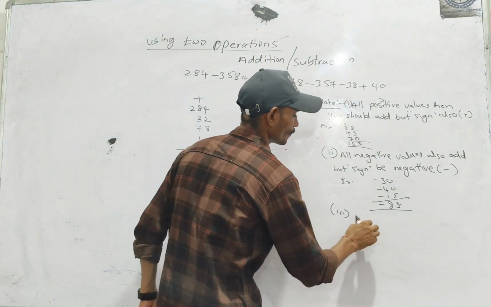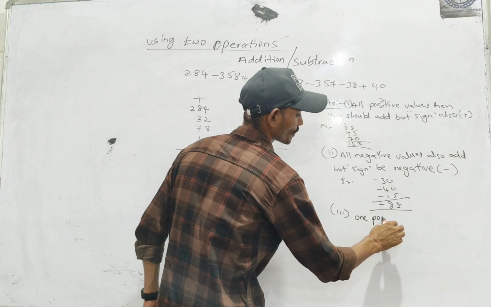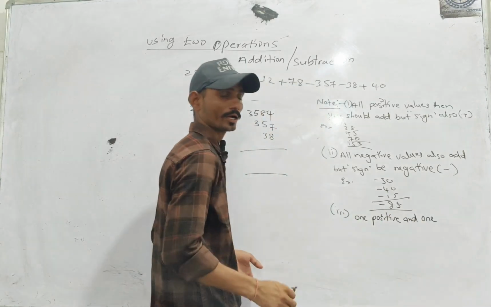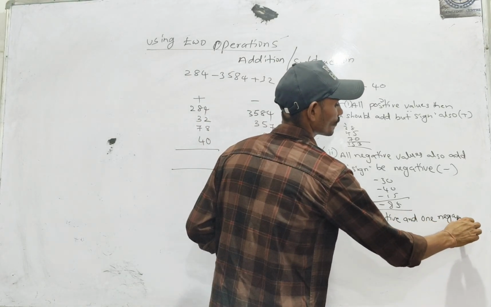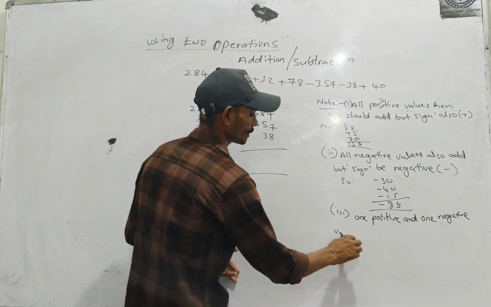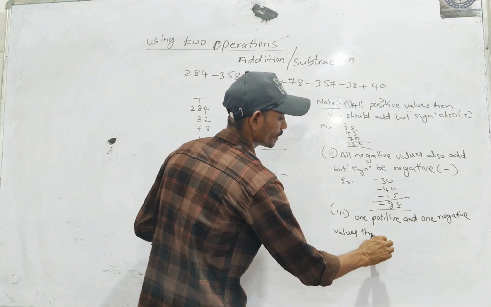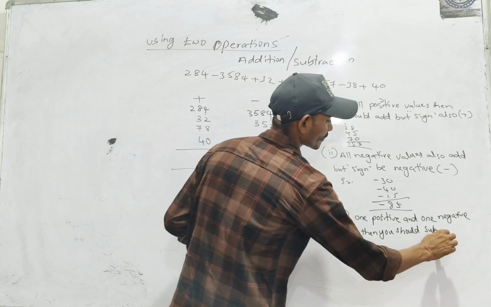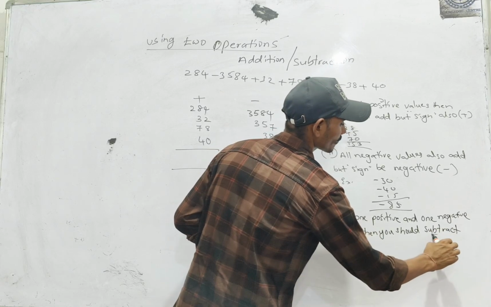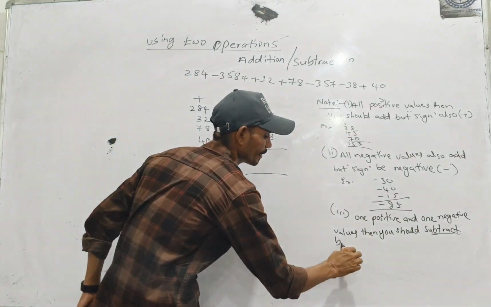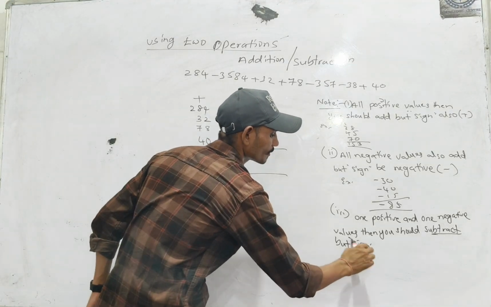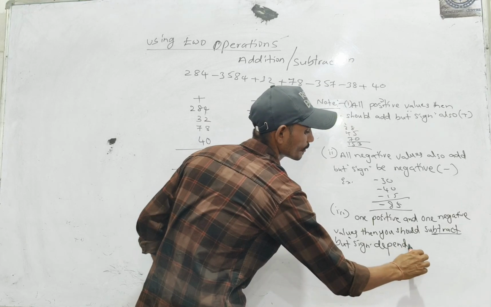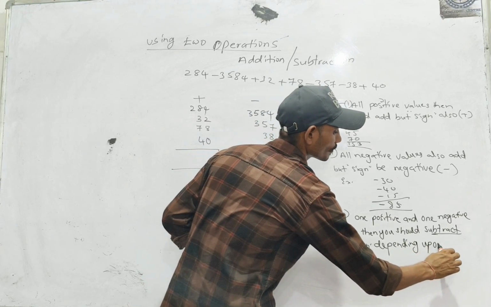Next, the third condition: one positive and one negative value. Then you subtract, but the sign depends upon the bigger value.